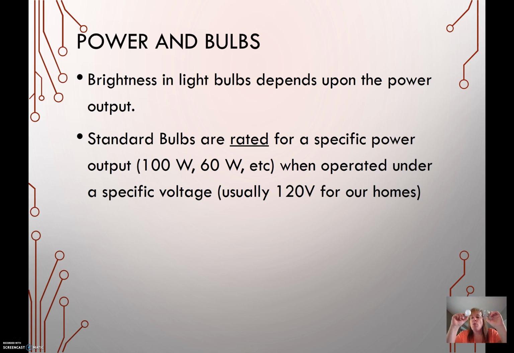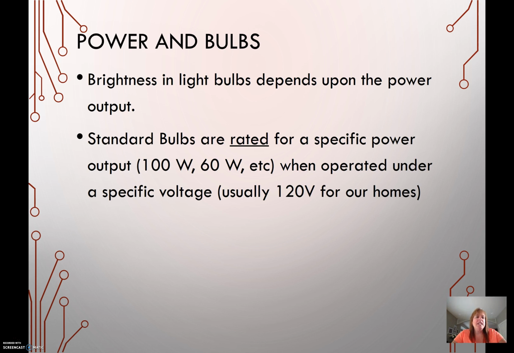Now, the thing is, when the manufacturers make these bulbs, they have to make that power output for a specific voltage. Now, your homes, if everything is wired properly, each of your outlets, like each of your lights, is delivering 120 volts. So if I plug in this light bulb, where it says 60 watts for 120 volts, it will deliver 60 watts.